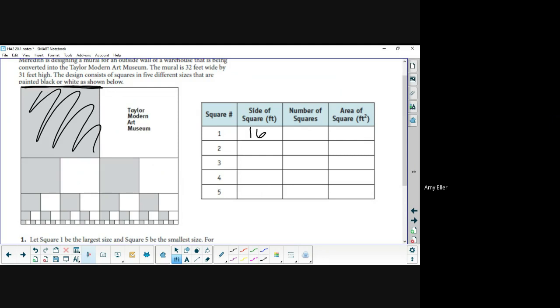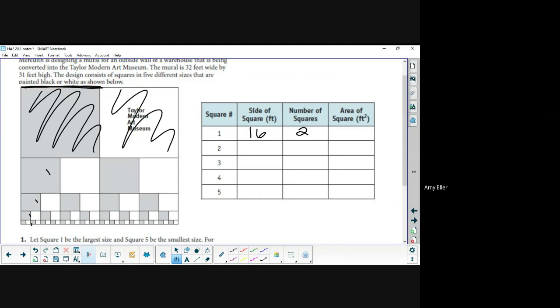That's just one side. Number of squares. So how many of those squares do we have of that size? 4. 2. There's 2 of those. I just see 4. So the bottom 2 don't count. Yeah, these squares are all different sizes.